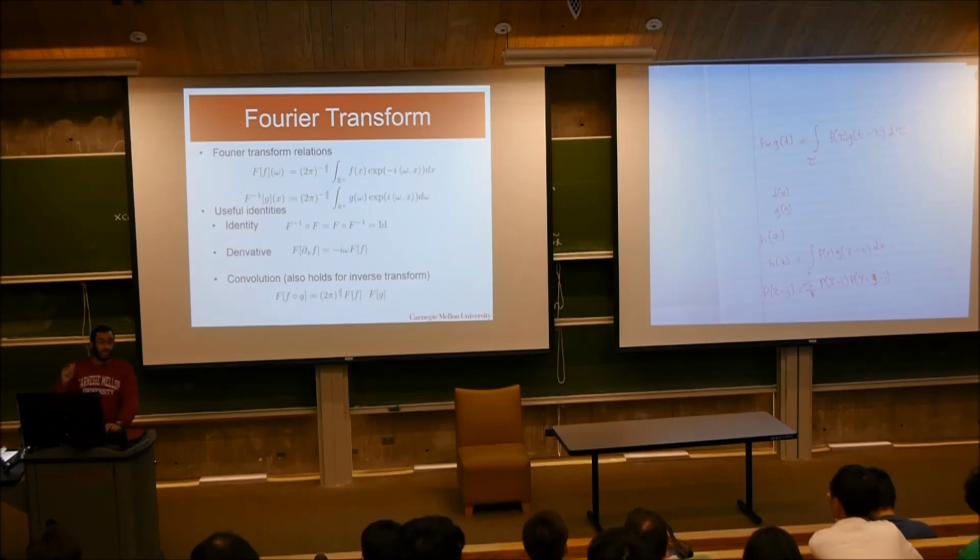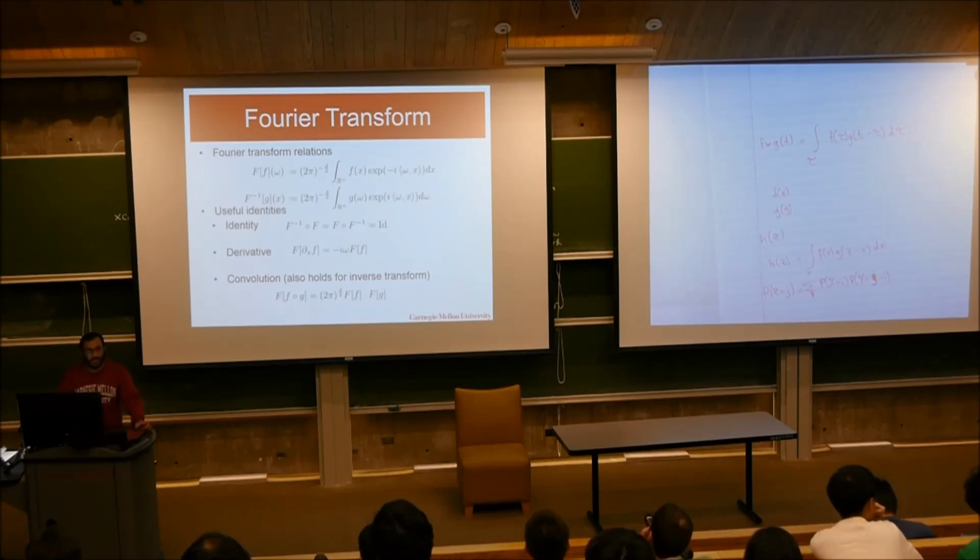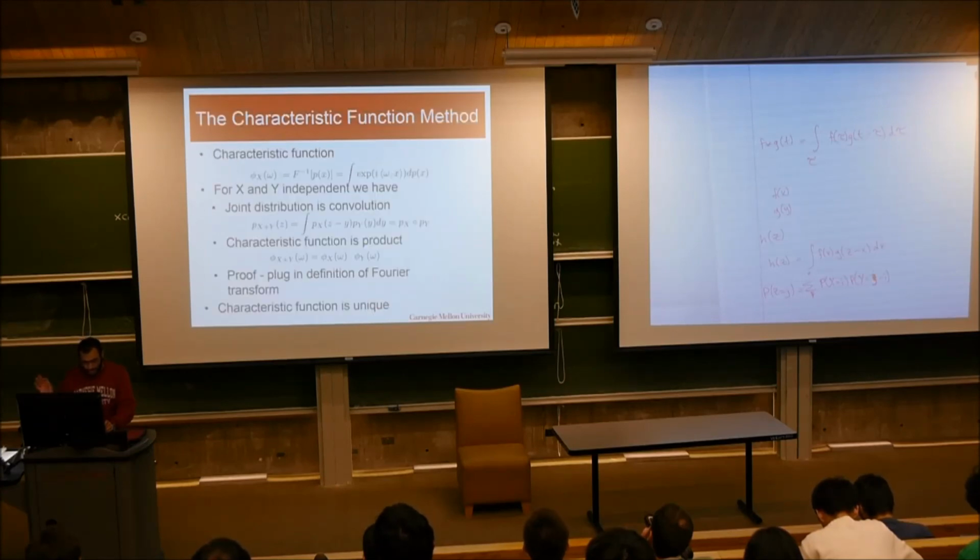And since we have a method to convert convolution into multiplication, we can apply that to PDFs. And so if we apply the Fourier transform to PDFs, we get something that preserves the uniquely identifiable distribution, and is easy to convolve. And that's what's called the characteristic function.